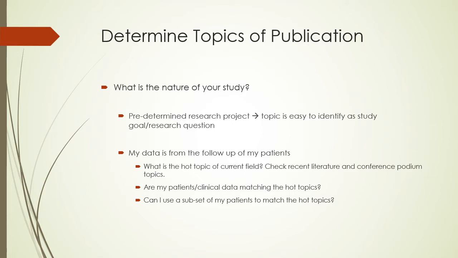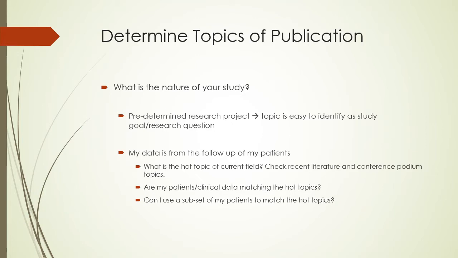For example, right now, for a lot of conferences, we're talking about soft tissue balancing for total knee arthroplasty. So balance of the knee, that's directly correlated to the functional outcome. That may be something you can dig into your data and publish on.